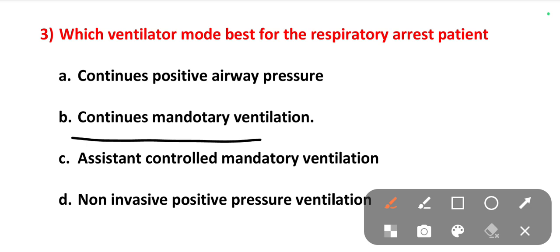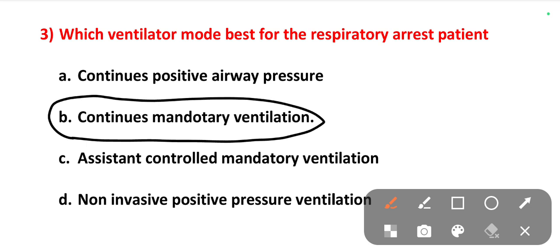The right one is option B, that is continuous mandatory ventilation. So the ventilator will give the needed oxygen supply to the patient continuously. That is continuous mandatory ventilation mode.